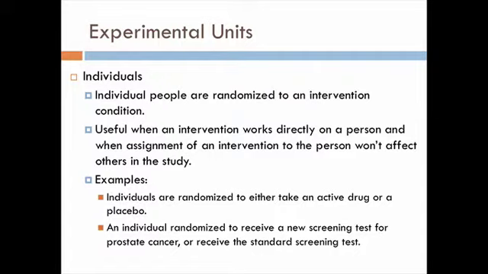That drug, we believe, will work only on that individual, right? So the person taking the drug is going to get the benefits, if there are any, of the drug. And that person taking the drug and getting its benefits is not going to have any effect or spillover onto the people around them.